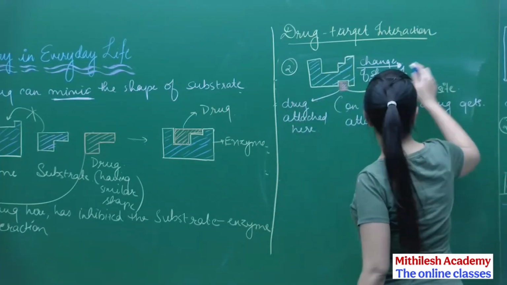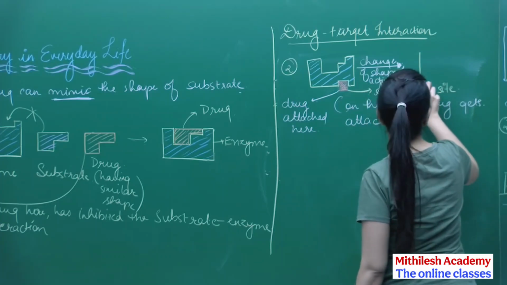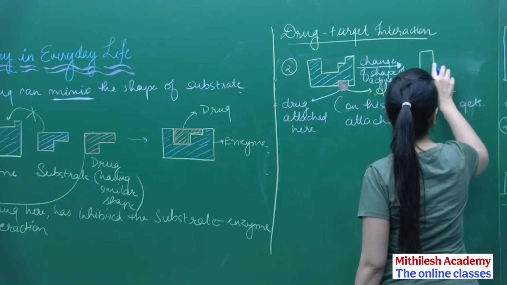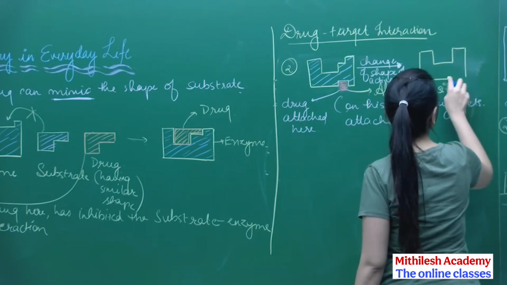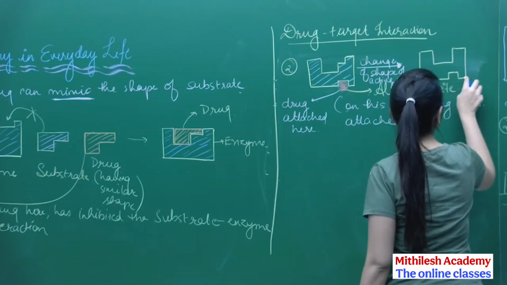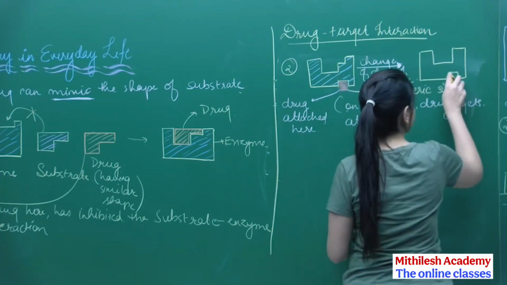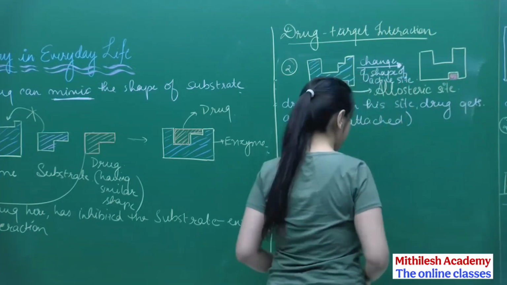What will happen is, we obtain a structure like this. The shape has now changed and the drug is still attached. So I have got the drug over here. So that is the drug attached.